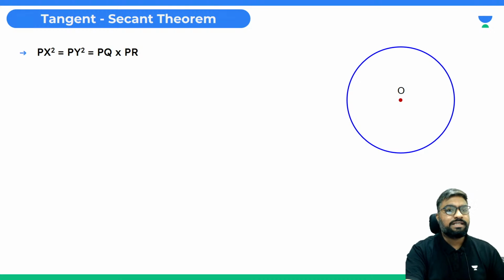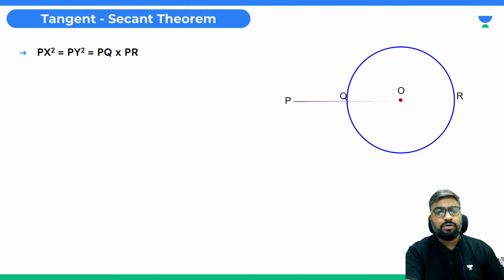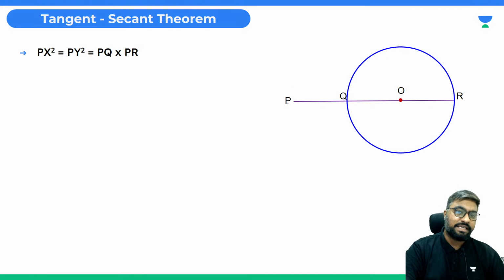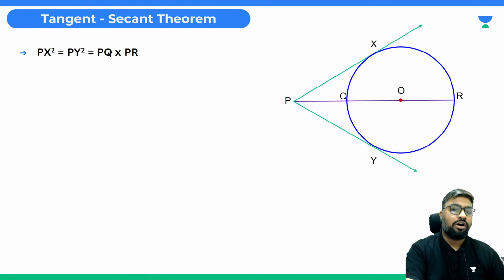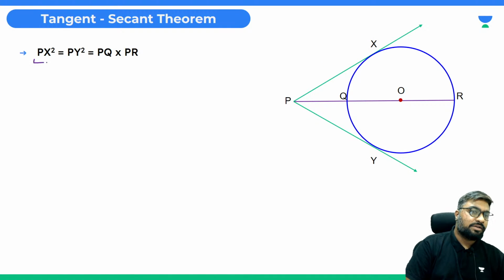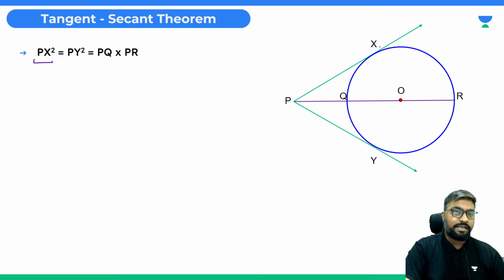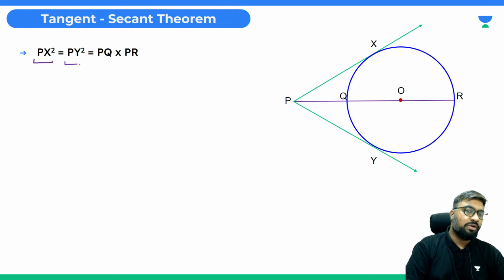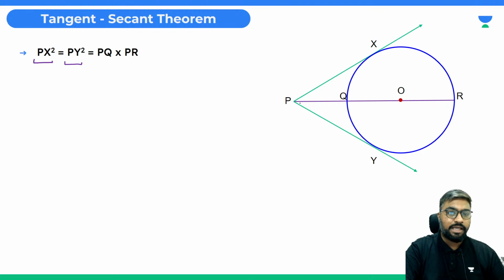So in a circle O, if I draw a secant from P that touches the circle at Q and R, and if I draw two tangents from the same point P, then PX square, or PY square, both are going to be the same, will be equal to PQ, that is from here to here, into PR. Got this?